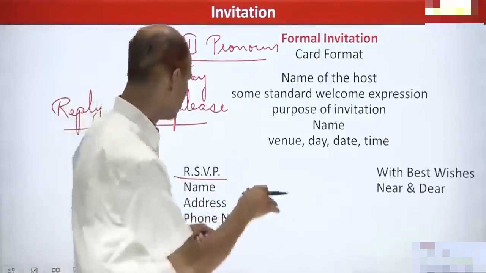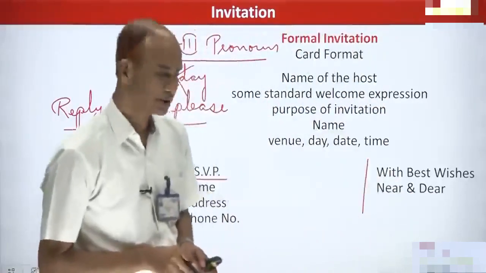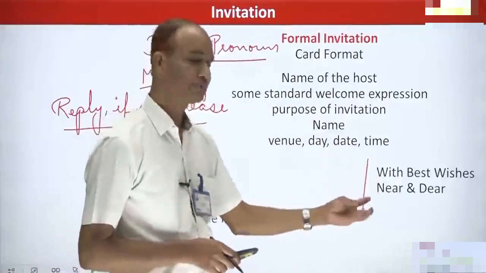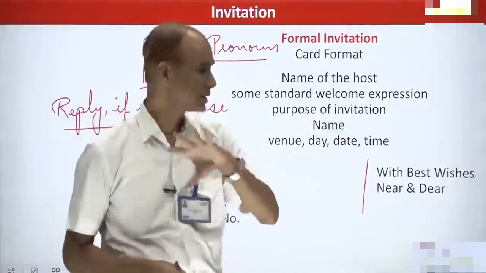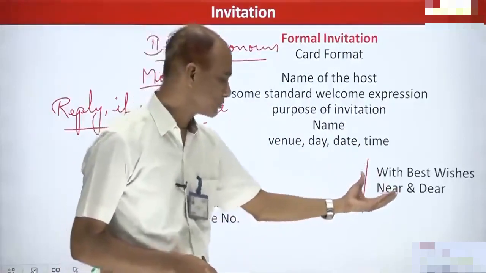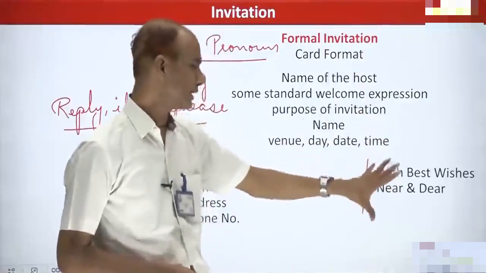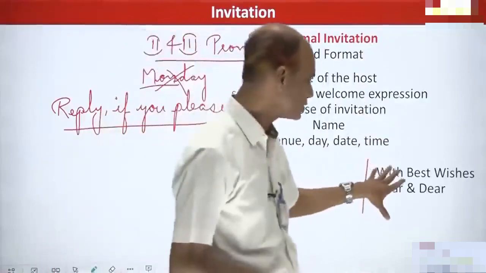Now what? Let's move, and I must tell you about this as well. With best wishes, near and dear. So in general, what happens? We write the names of the relatives, all the important family members and all. So here in this card, for 3 marks, you don't have to write all that. Just do what?